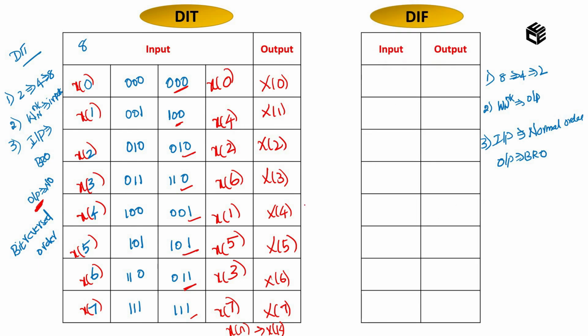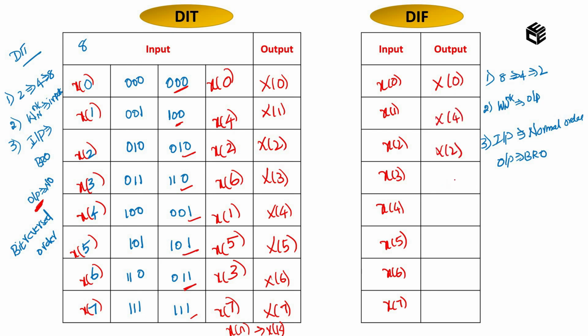If we consider this DIF, input is a normal order, which means x of 0, x of 1, x of 2, x of 3, x of 4, x of 5, x of 6 and x of 7. But the output is in bit reversed order, which means x of 0, x of 4, x of 2, x of 6, x of 1, x of 5, x of 3 and x of 7. Understood? So this is the major difference between DIT and DIF.